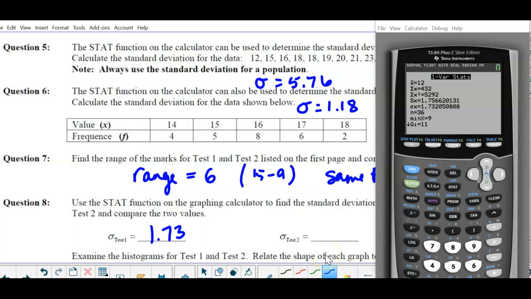And then do the same for test 2. Remember, test 2 is L1 and L3.